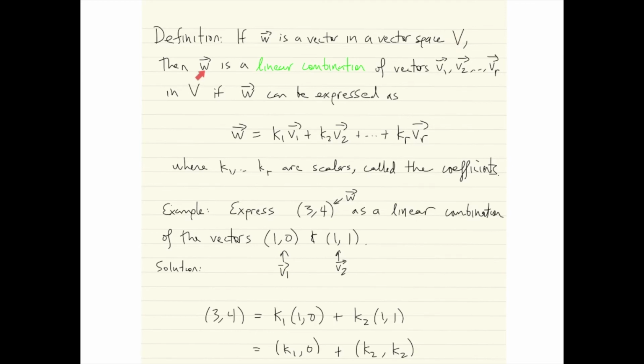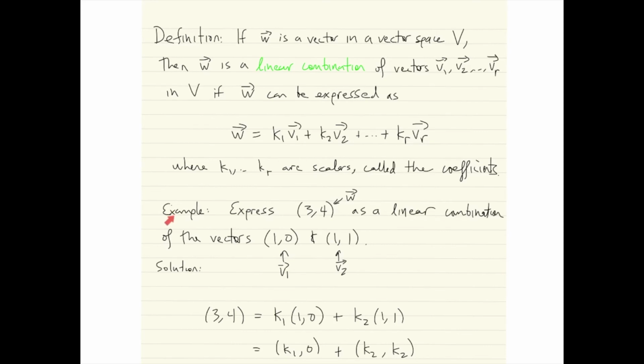Then we say that w is a linear combination of some other vectors v1 up to vr that are in our vector space V, if w can be expressed as w equals the scalar k1 times v1 plus scalar k2 times vector v2 plus the scalar kr times the vector vr, where these scalars are called the coefficients. So w is a linear combination of v1, v2, all the way up to vr.